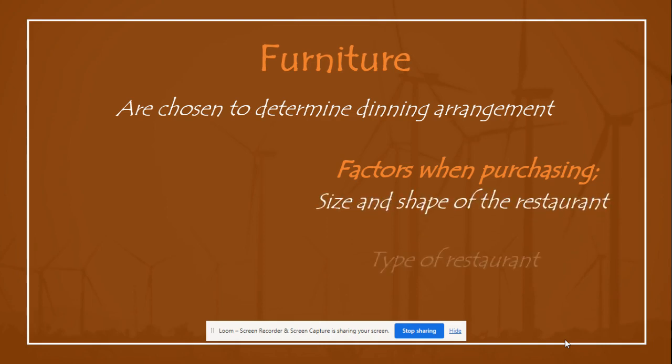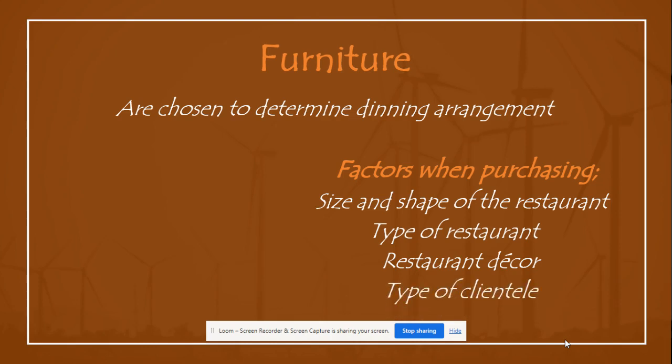Additional factors are the size and shape of the restaurant and the type of restaurant. For a fast food restaurant, you will need tables and chairs that are not that comfortable, compared to a hotel where guests will want to walk in and have their time there. Then restaurant decor: how do you want your restaurant to look, in relation to the theme color?